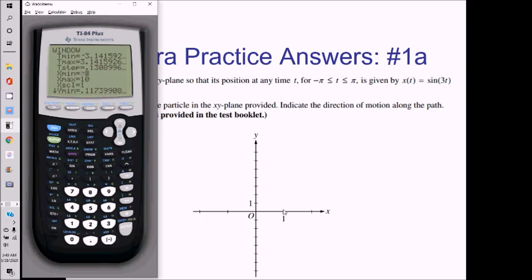So we might as well, again, use the same window they're using. I'm not sure how much of this zoom fit will actually give us. And then for the ymin, well, let's see here. It looks like we're going down to negative 7 and up to positive 7. So we got negative 7 for ymin, positive 7 for ymax. And let's just graph this and see what happens.